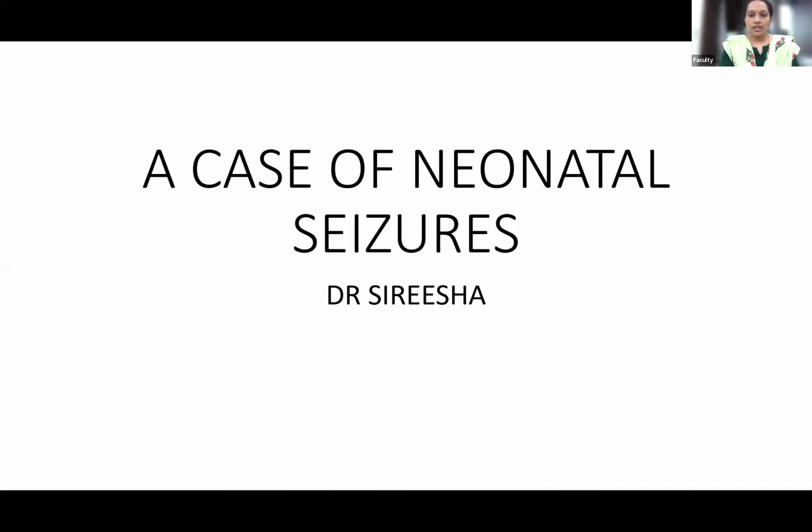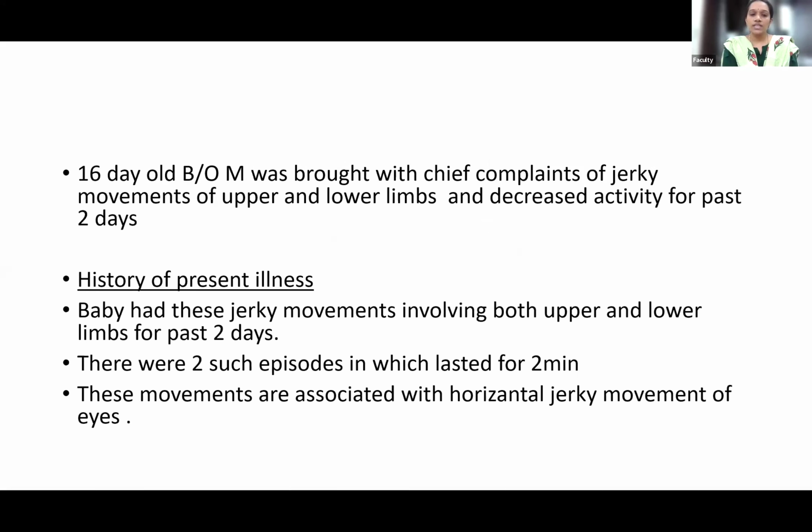Good evening, everyone. Today I'll be presenting case details of a baby who presented with seizures. It was a 16-day-old baby of M who presented to our hospital with chief complaints of jerky movements of upper limbs initially and then followed by lower limbs, and also decreased activity after that episode for the past 2 days.